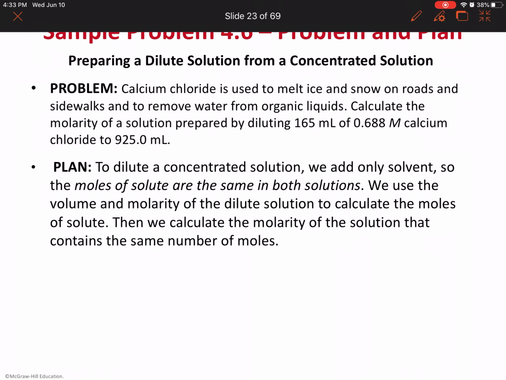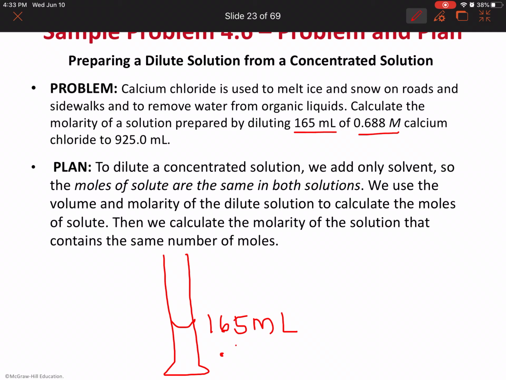Let's say we have a graduated cylinder, and you have 165 milliliters, and the molarity is 0.688 calcium chloride.